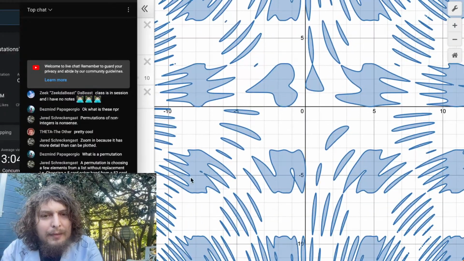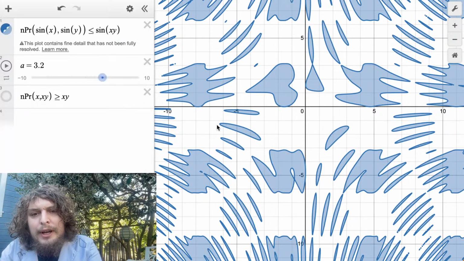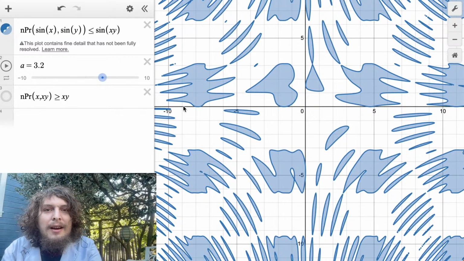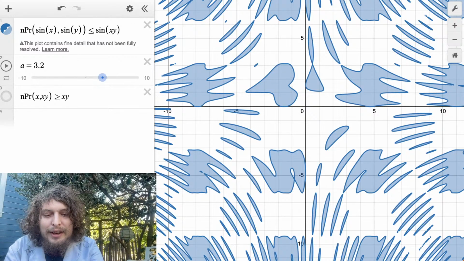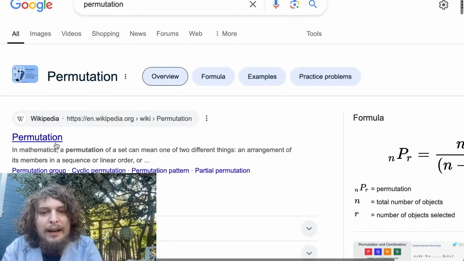And by the way, someone said, what are permutations? Well, like I said, I'll do my official intro to it on another day, but just to give you a really quick sense, let's show the Wikipedia. It's selecting out of items.